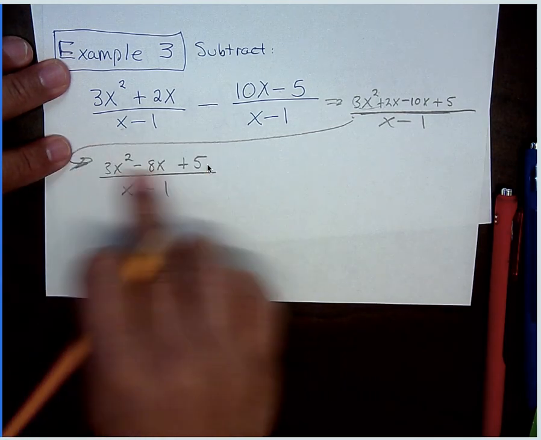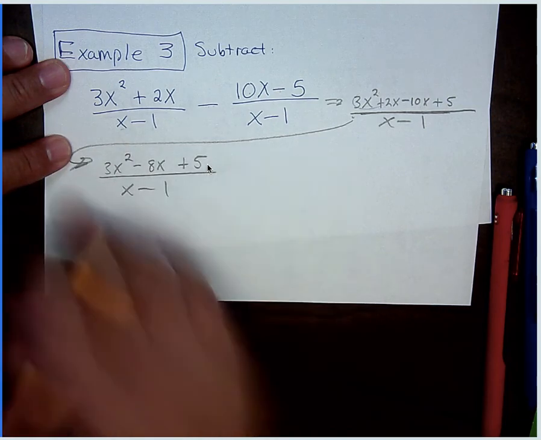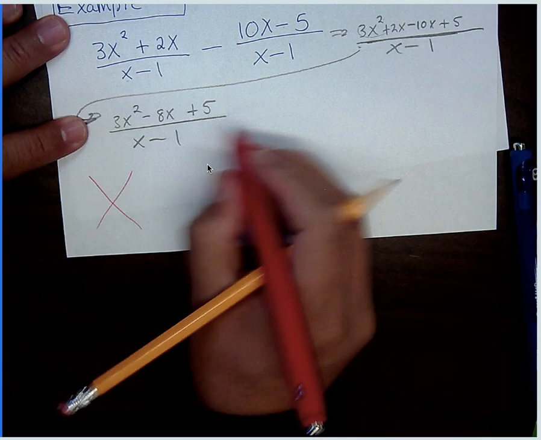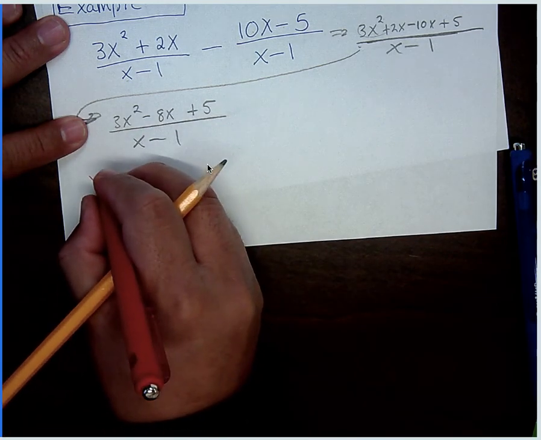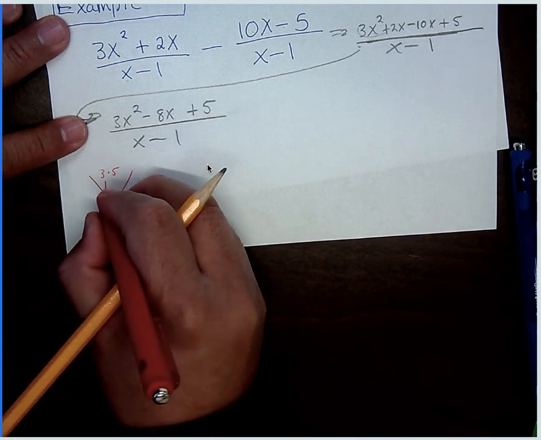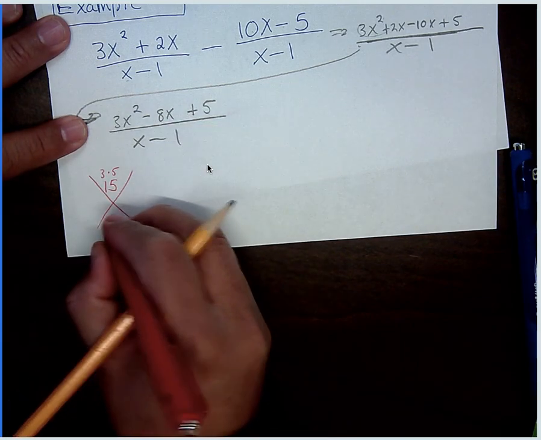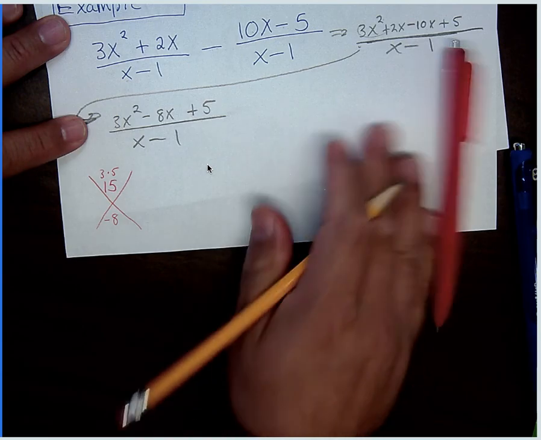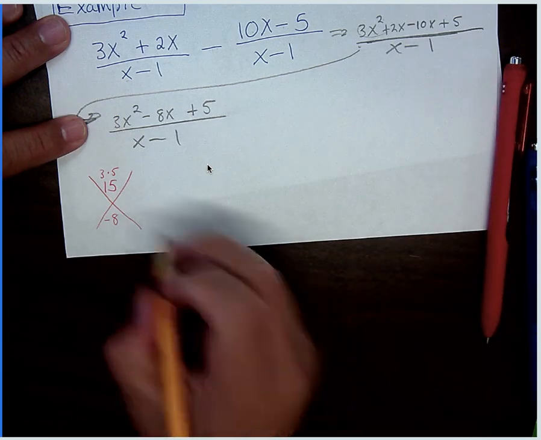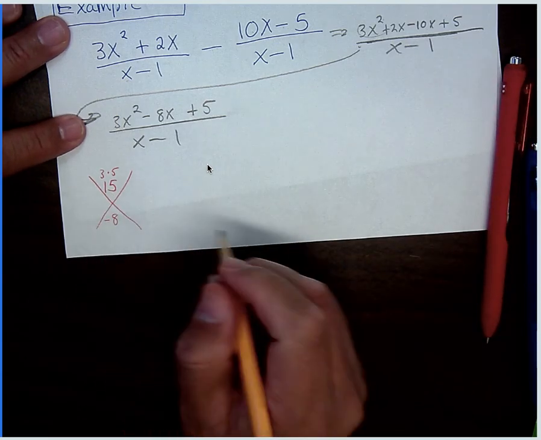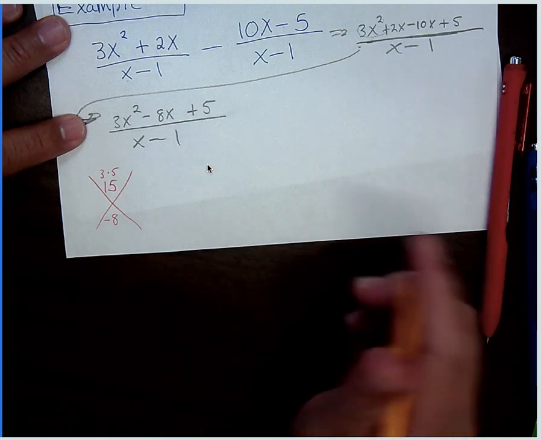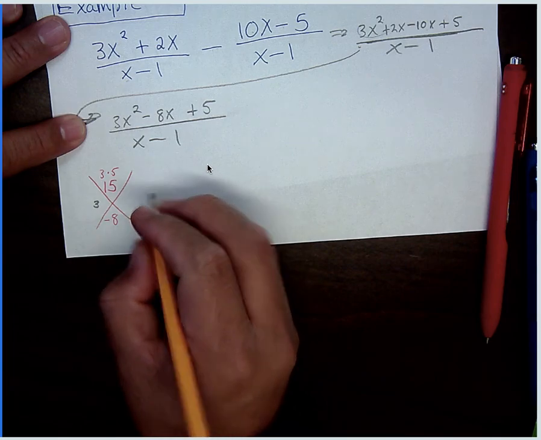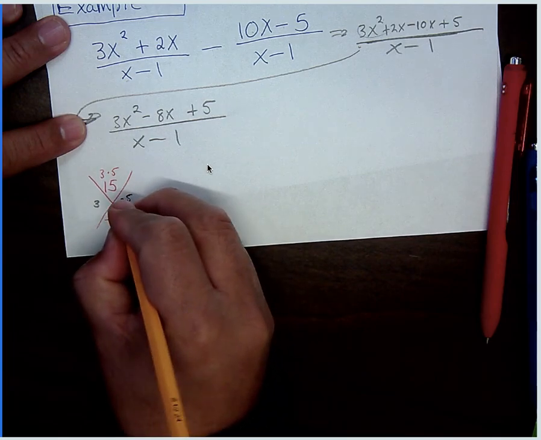Okay, I think we're going to try to do the x factoring for the top. You can't GCF anything from the get-go, so 3 times 5 is 15, and then the middle number is 8. So they need to add to 8 and multiply to 15, so that's 3 and 5, both of them negative.